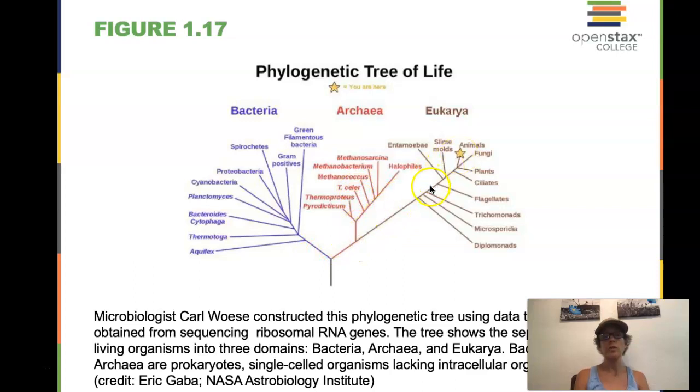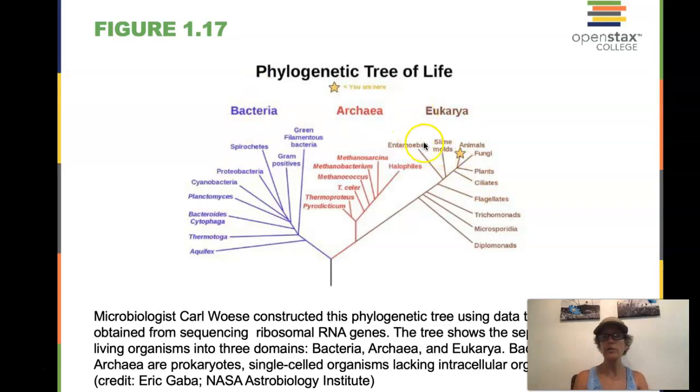So we can interpret this to mean that the eukarya domain is more closely related to the archaea domain than it is to the bacteria, but the archaea are closer to the bacteria than they are to the eukarya. And we look at us, we are very closely related to plants and fungi. Ciliates are single-celled protists. They have little tiny hairy projections that make them move.